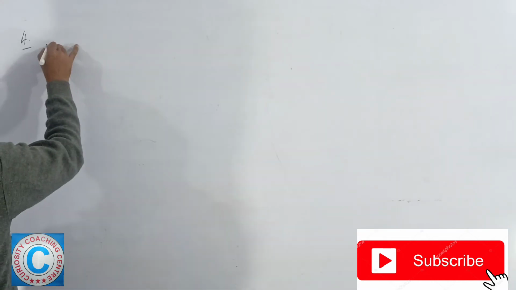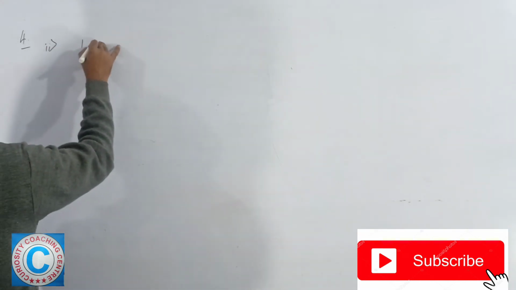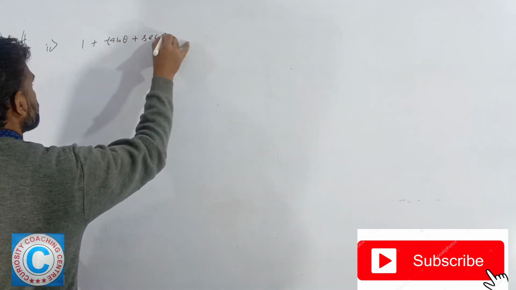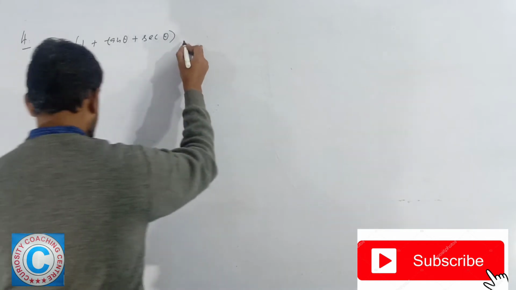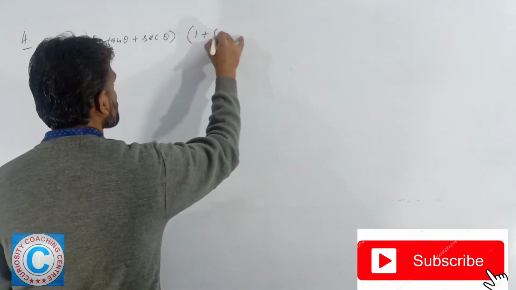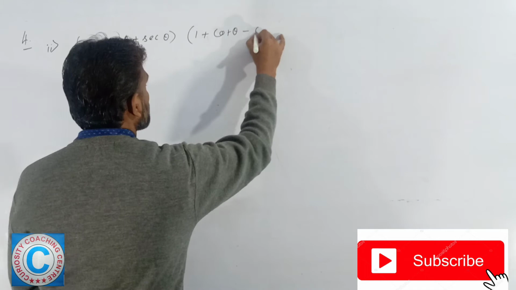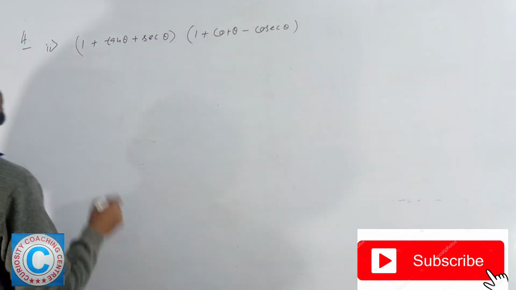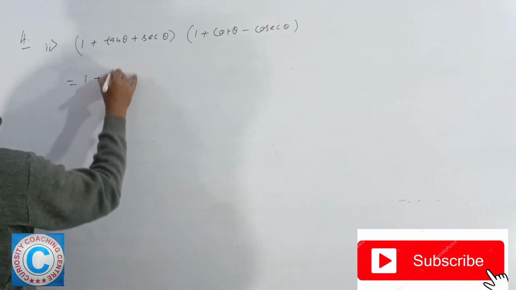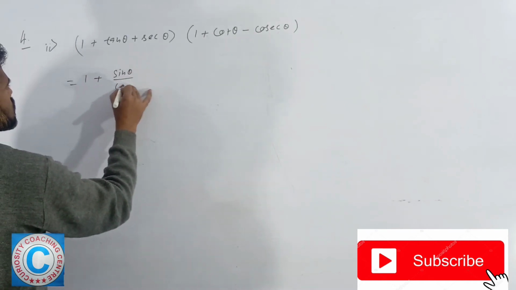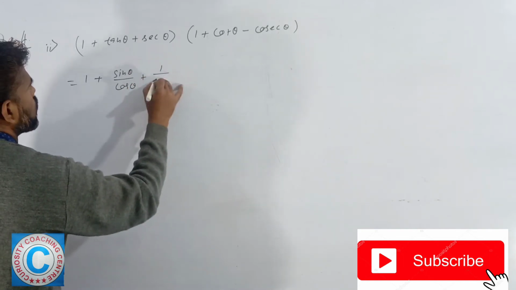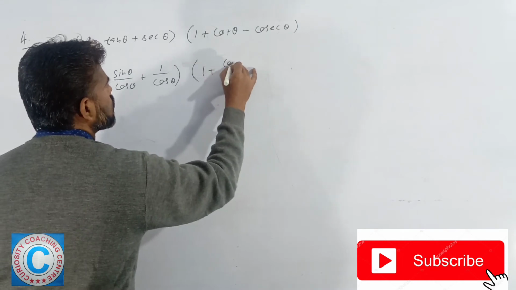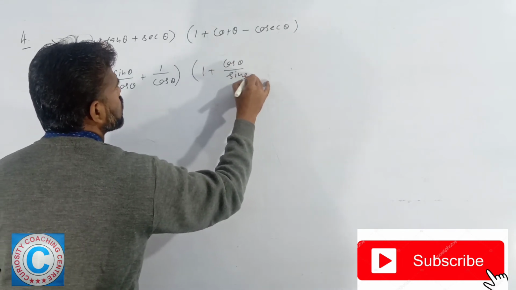Question number 2. 1 plus tan theta plus sec theta into 1 plus cot theta minus cosec theta. Tan theta is equal to sin theta over cos theta. Sec theta is 1 by cos theta. Cot theta is cos theta over sin theta.